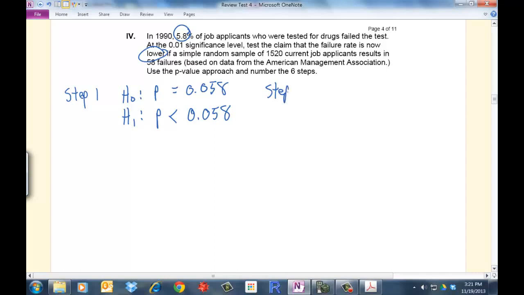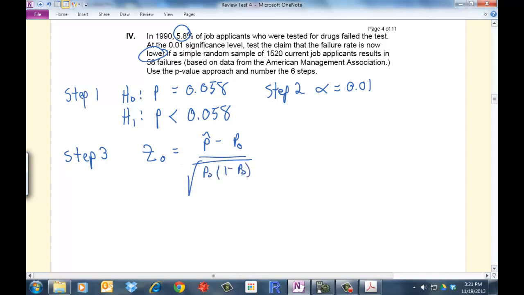Step 2, state alpha: 0.01. Step 3, compute the test statistic, which is p hat minus p0 divided by the square root of p0 times 1 minus p0 over the sample size. So we have to get p hat.